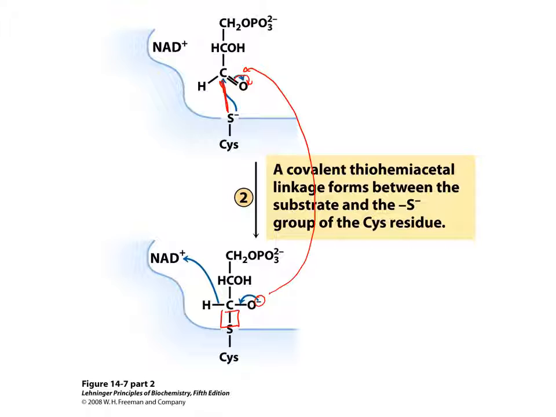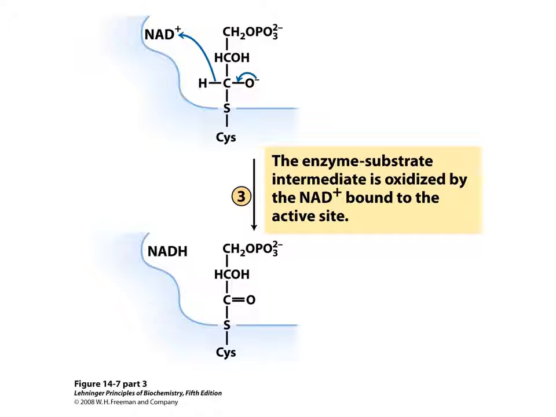Now this electron goes back to make a double bond, but instead of breaking the thiohemiacetal bond, it actually breaks this carbon-hydrogen bond. As a result, this hydrogen is taken up by NAD, and we form NADH, and this carbon double bond oxygen is reformed.